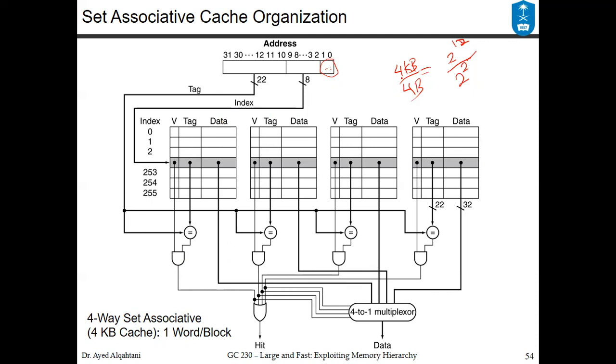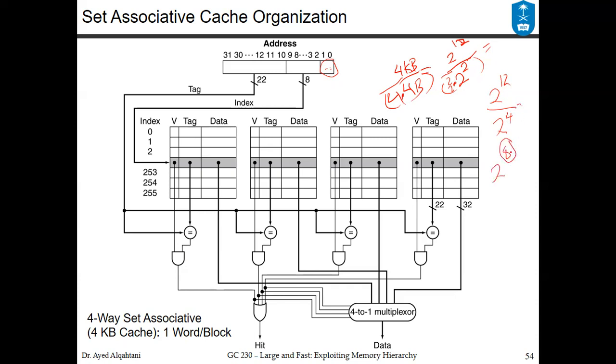And because of this, we need to multiply it by the number of ways, which is 4, which is 2 to the power of 2. So now you get 2 to the power of 12 divided by 2 to the power of 4, and you subtract the exponents, and you get the result equal to 2 to the power of 8.